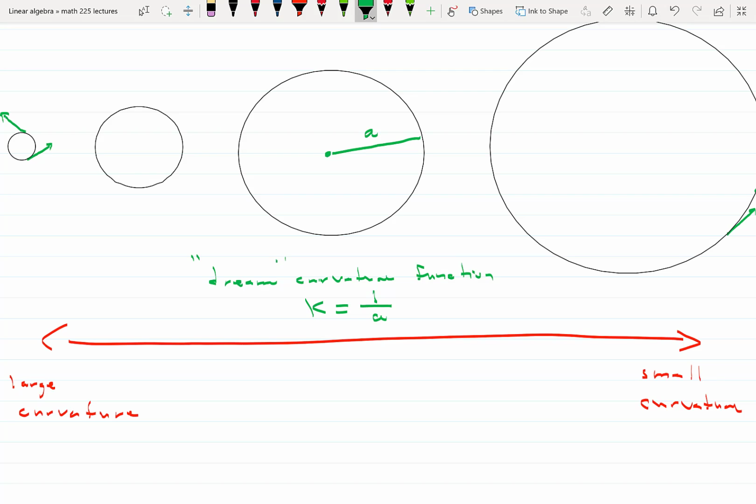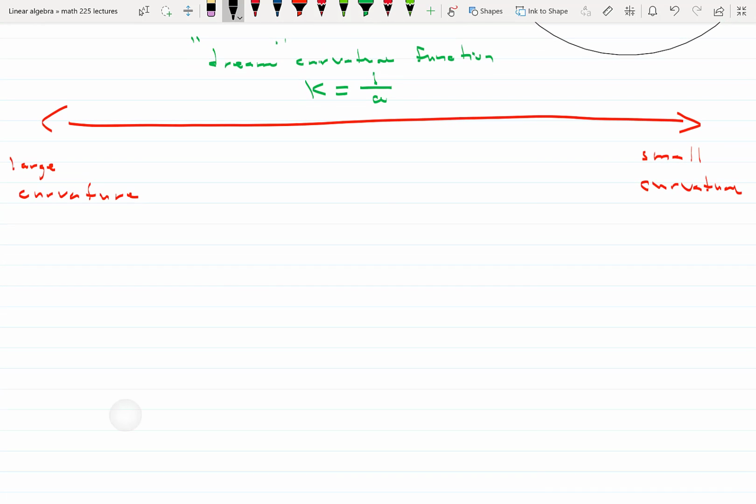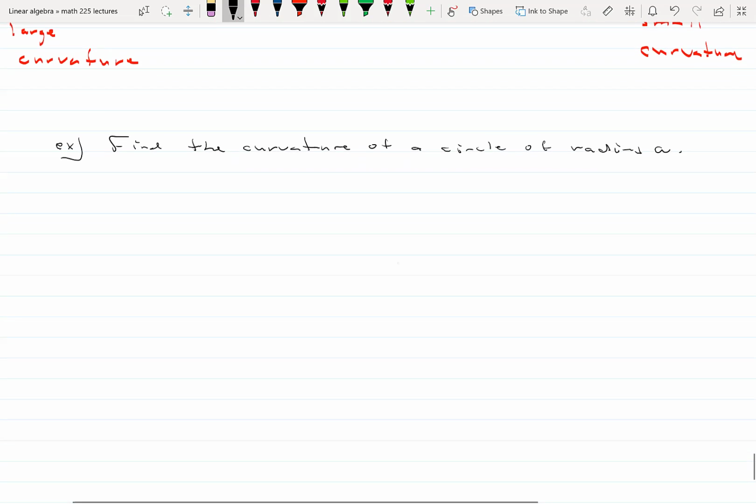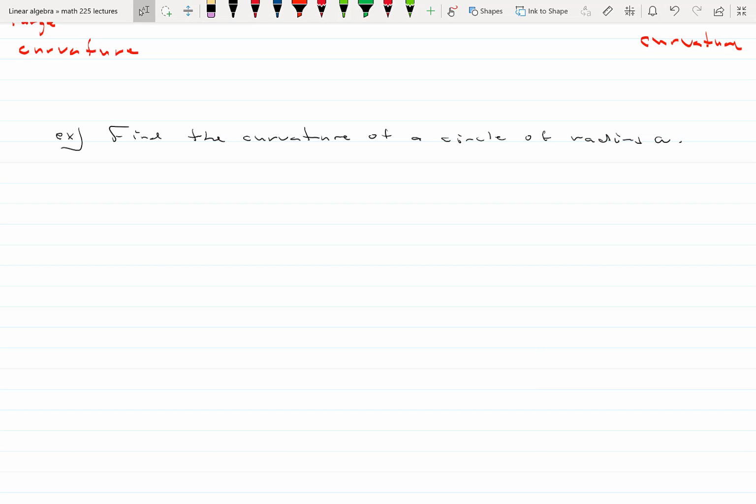Okay, so let's see what the actual result is. Let's actually find the curvature of a circle of radius a. Well, in order to do that, we need to parameterize the circle of radius a, so we can write a vector function for it.